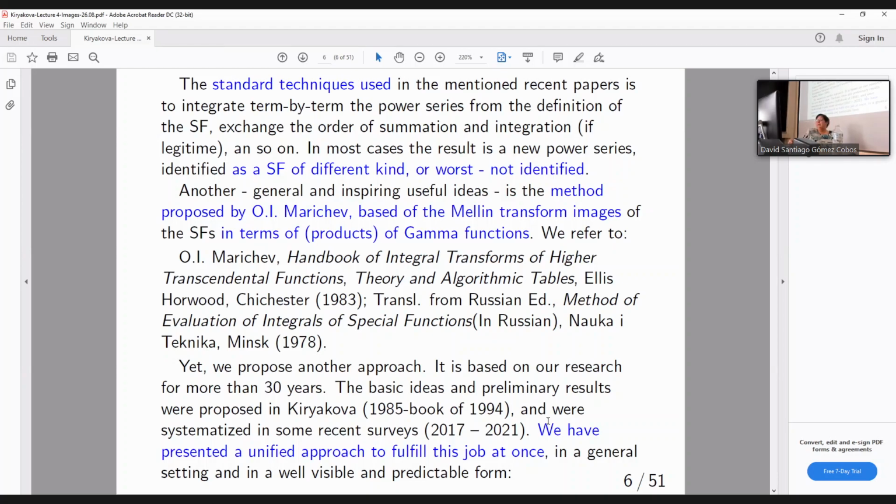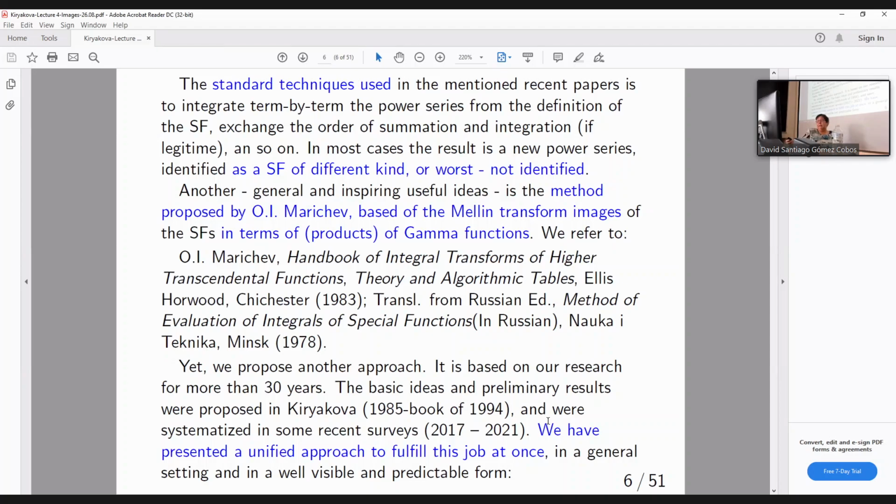But not always, because sometimes it looks complicated, then authors leave only this as a power series and say this is the image. A general approach to handle this problem was proposed by Marichev by using Mellin transform techniques.